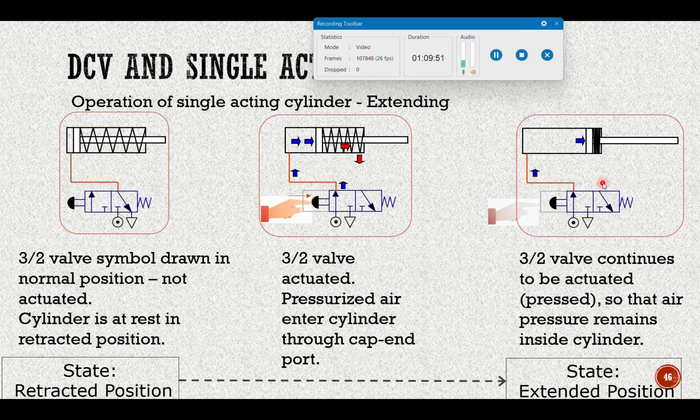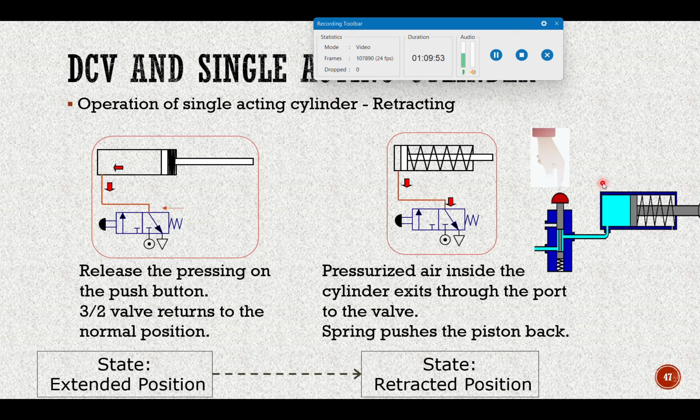If you're retracting, you release the pressing on the push button, it would go back to its normal state. So the 3-2 valve returns to its normal position, and the pressurized air inside the cylinder exits through the port to the valve, so it gets exhausted to the atmosphere, and then the spring would push the piston back. Okay, so this is quite simple.